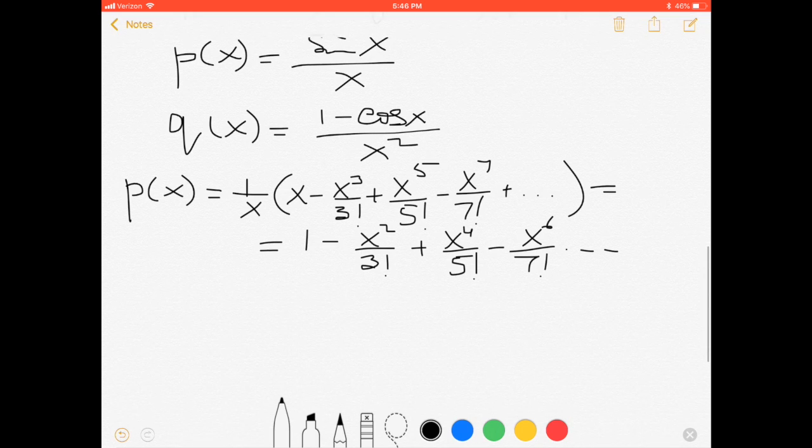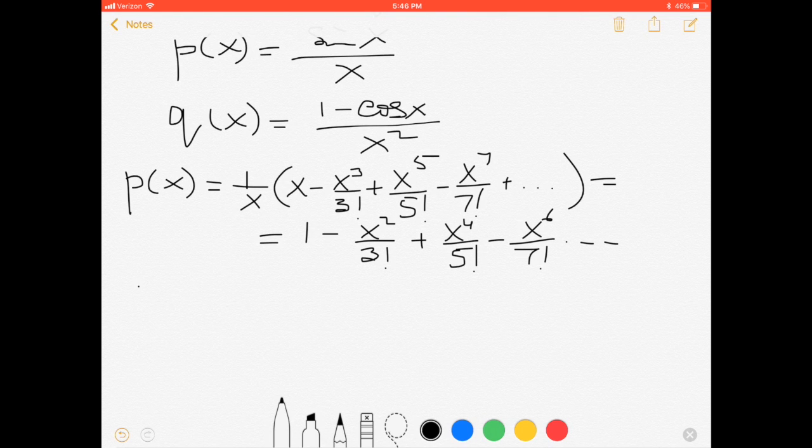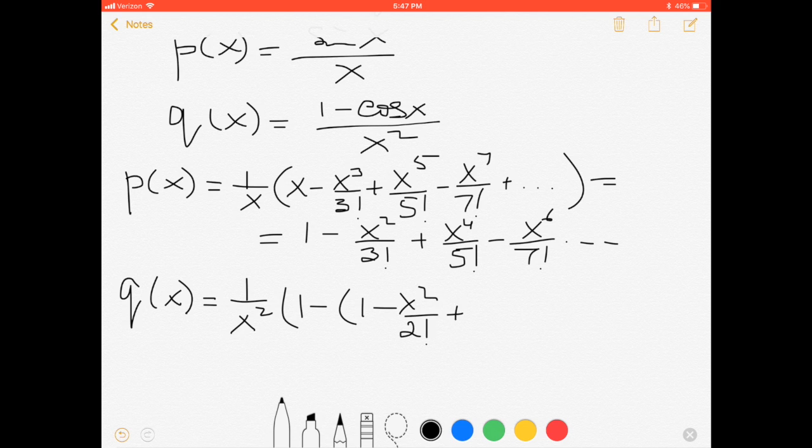This is an analytic function. What about q(x)? q(x) will be 1 over x squared times 1 minus the Maclaurin series for cosine x, which is 1 minus x squared over 2 factorial plus x to the fourth over 4 factorial minus x to the 6 over 6 factorial and continue as long as you want.